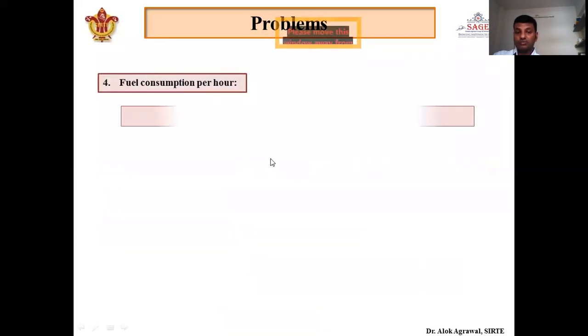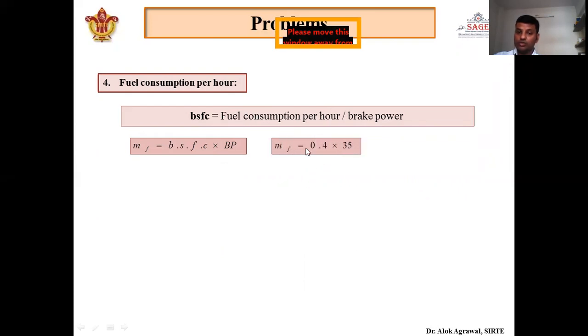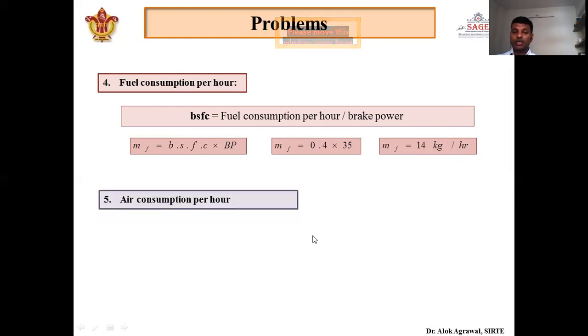Next is fuel consumption per hour. We know brake specific fuel consumption is fuel consumption per hour by brake power. So mf is equal to brake specific fuel consumption into brake power. So 0.4 into 35, which is 14 kg per hour. Now air consumption per hour.